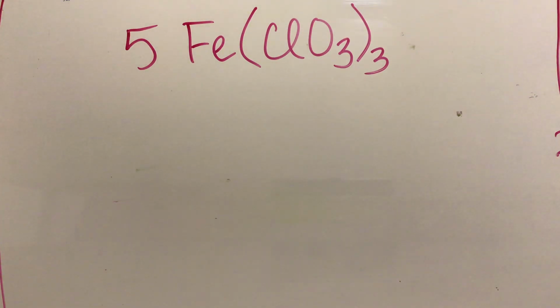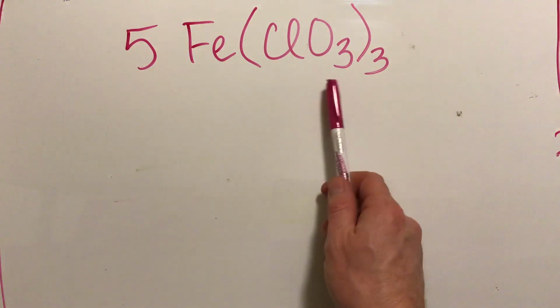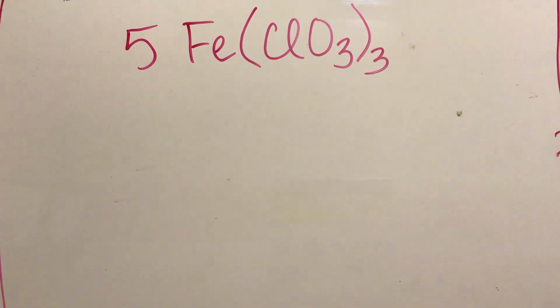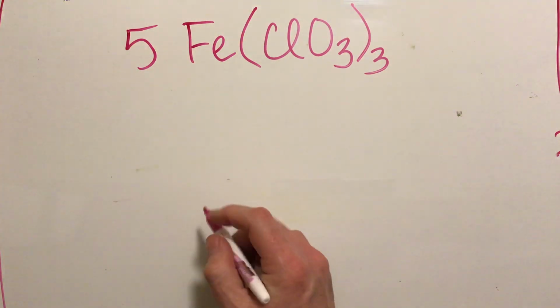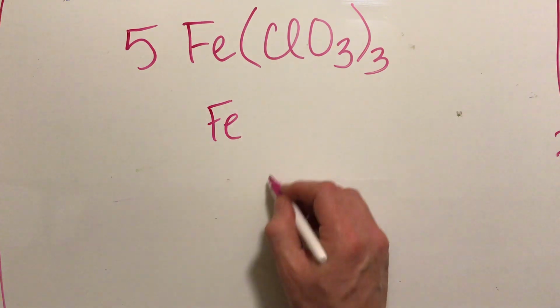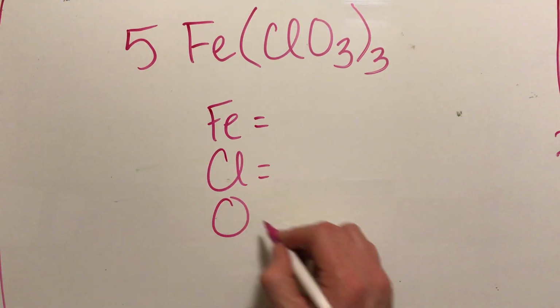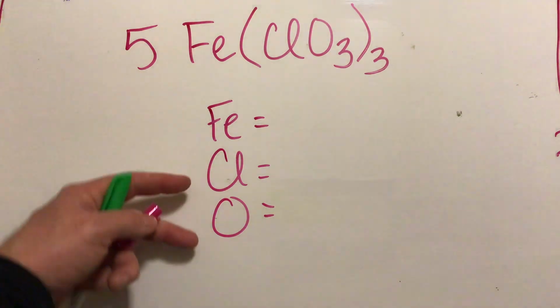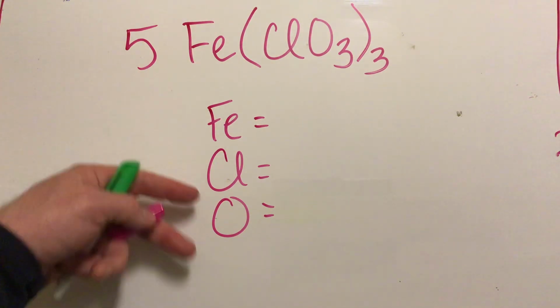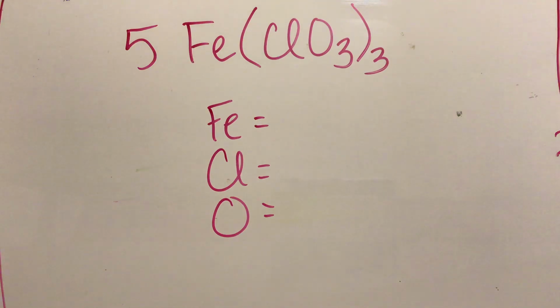So the molecule here is iron(III) chlorate, right? This is chlorate, one of our polyatomics. This is iron, and of course, we know how to figure out what the charge on the iron is. So if I look here, I've got Fe, my iron. I've got Cl, which is a chlorine, and the oxygen that is involved. Both of these two atoms are involved with the polyatomic.